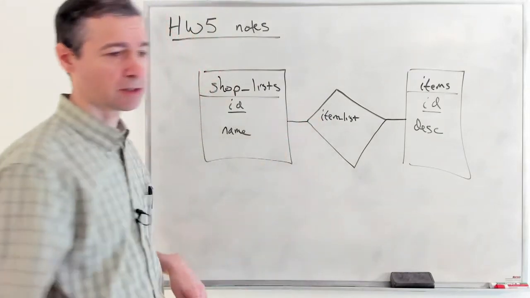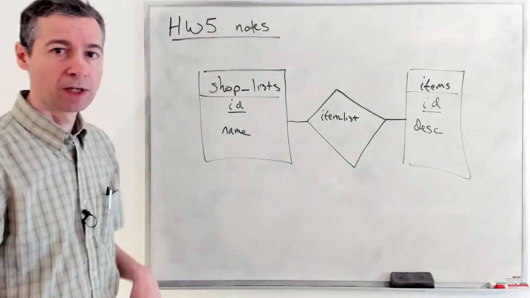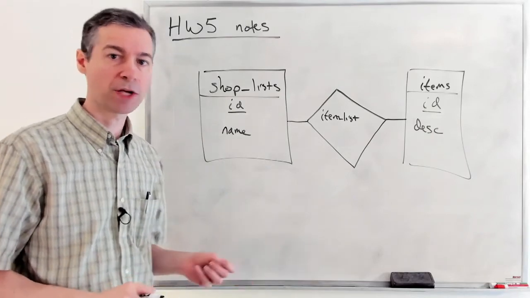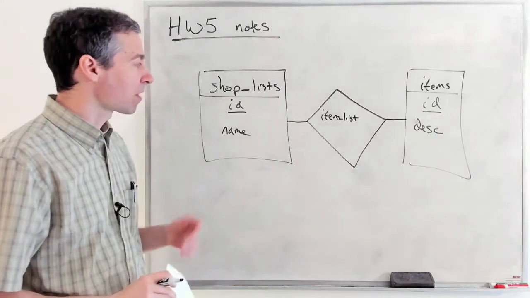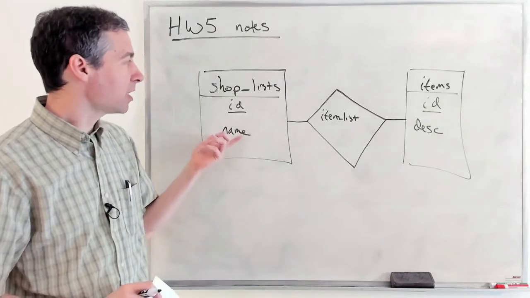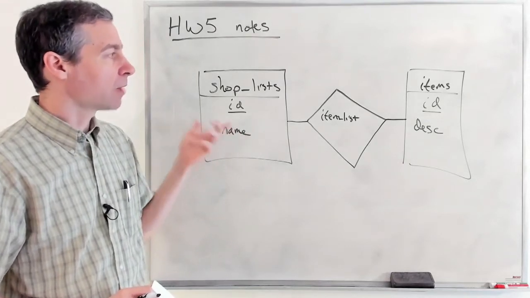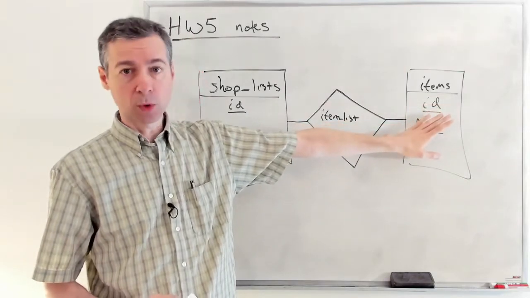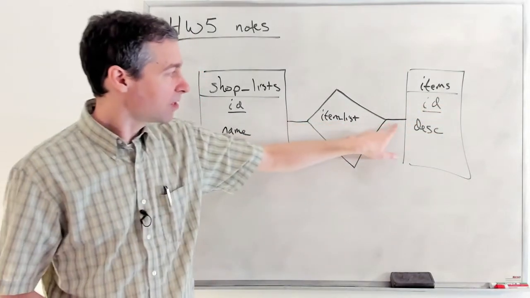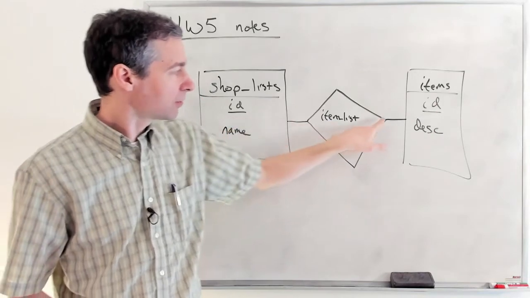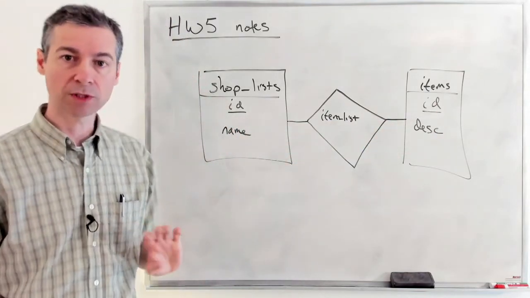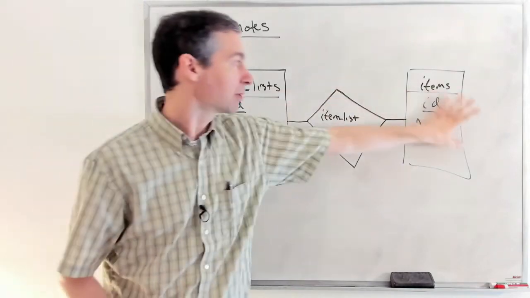Then we need to ask ourselves some questions about the cardinalities and also issues about participation in the relationship. Given a shopping list, I know a shopping list is going to have 0 or more items. And so this notion of a line with no arrow on it is a correct representation of 0 or more for shopping lists to items.